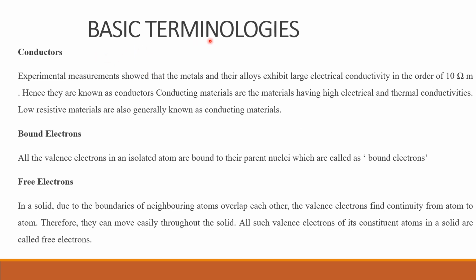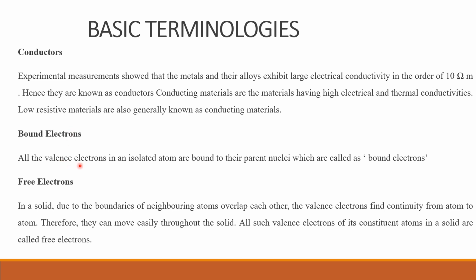So let us see some of the basic terminologies. Conductors: most of the metals are called conductors, and they have high electrical and thermal conductivities, and they are called low resistive materials. Now let us understand the meaning of bound electrons and free electrons.